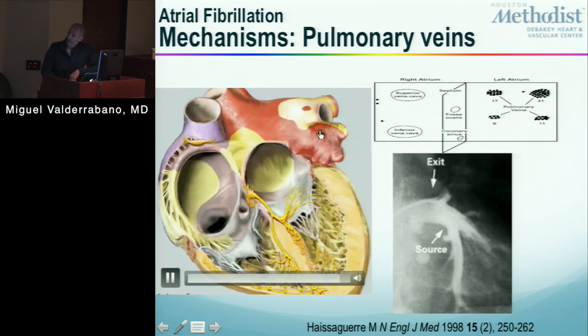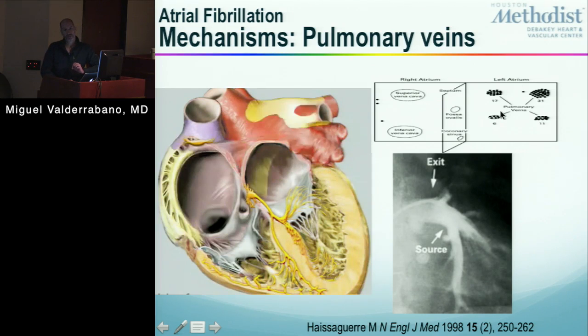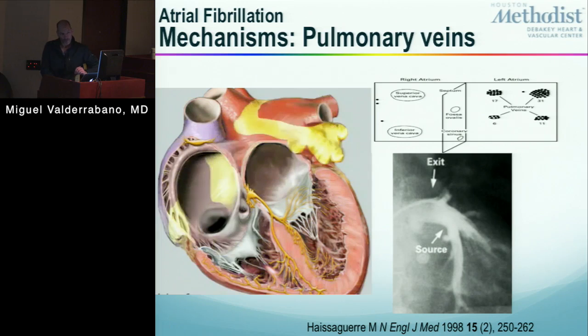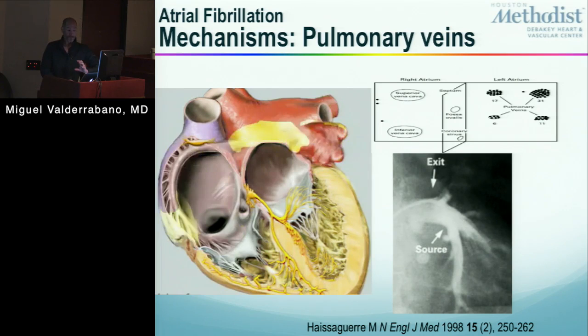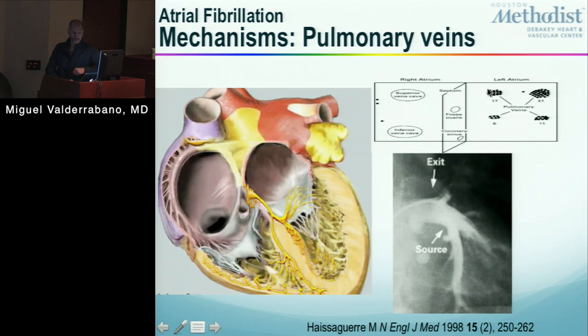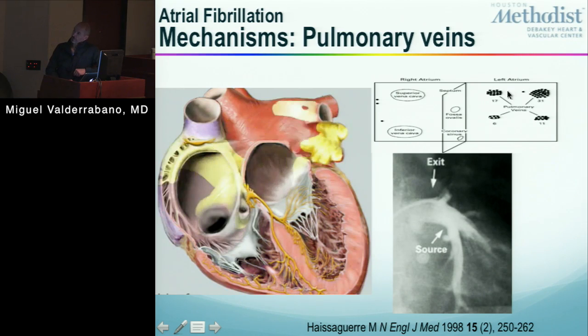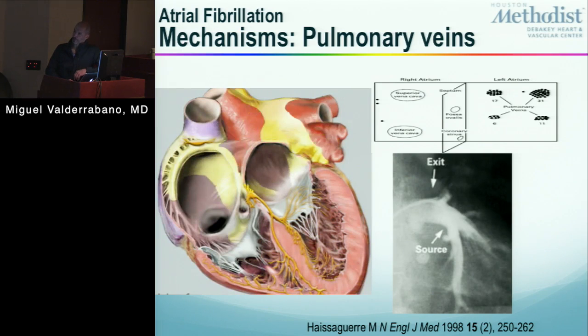That works well, and this is based on seminal work by Michel Haissaguerre in 1998, where he showed that the first beat that started AFib, so if you were to map AFib, and you cannot map AFib, but you can map the first beat because it's a single PAC. Well, he noted that most of the first beats initiating AFib came from the pulmonary veins, and that if he ablated the areas that triggered those first beats, we actually had success better than any drug reported to date, with 68% of the patients cured.